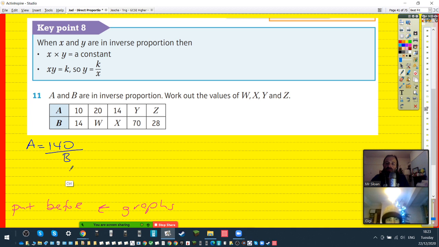W is in the place of B. And A is 20. So if you rearrange that, what should you get? So you'd get 20W equals 140. Seven. That's it.